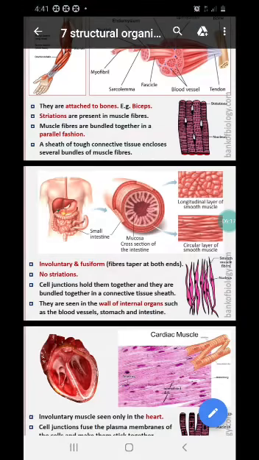So they are called striated muscles, and also skeletal muscles, and also voluntary, because they can be moved according to our will and wish.